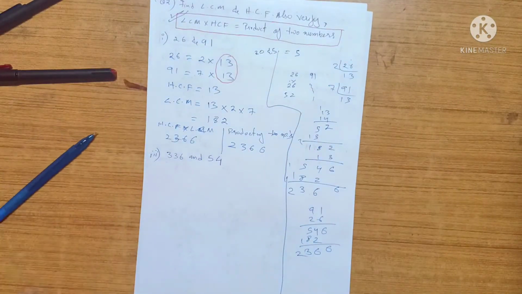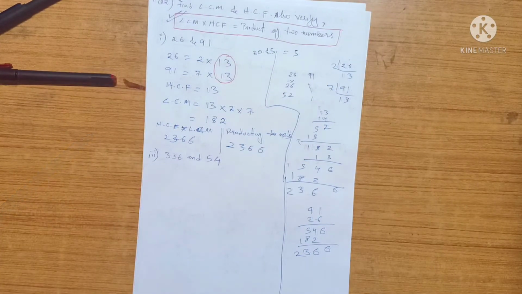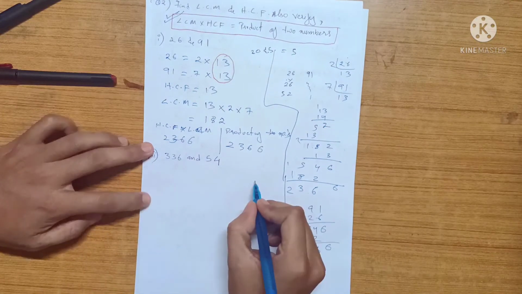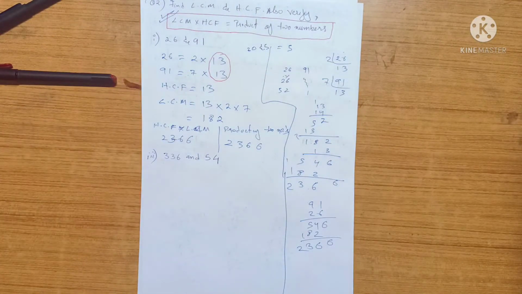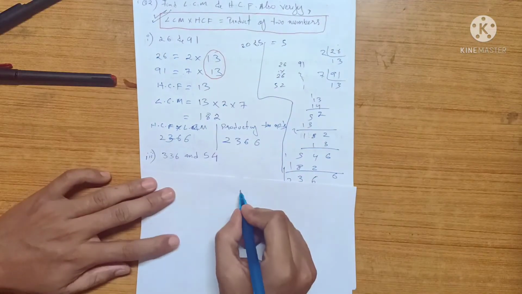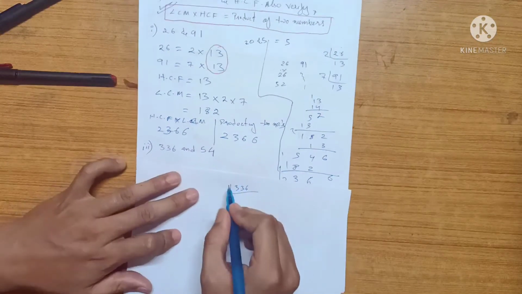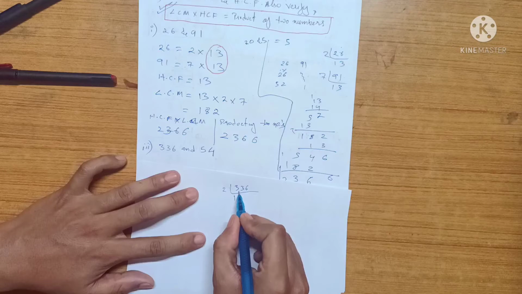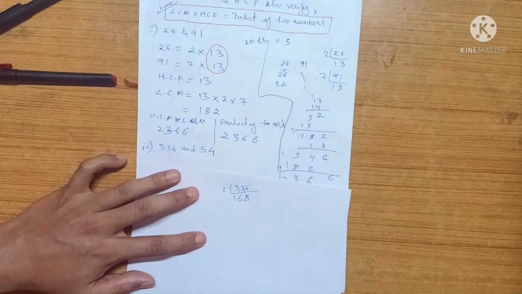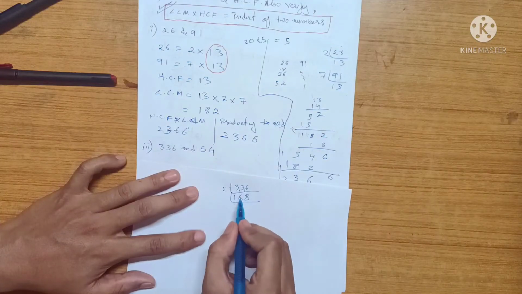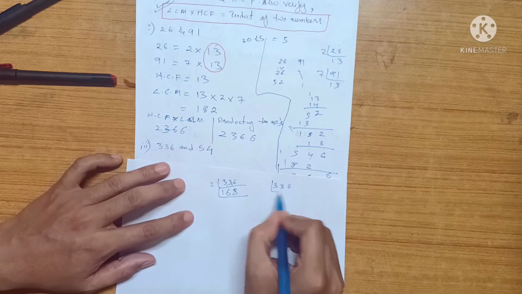So let's do the next question. 336, just prime factorize. It doesn't mean you have to divide by the smallest number first.